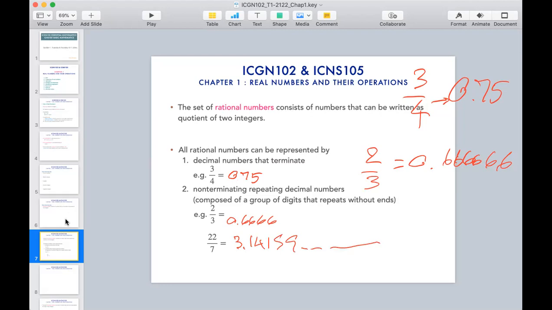So for values with this property, we call them non-terminating repeating decimal numbers. These two examples are examples of rational numbers: we can have both terminating decimals and non-terminating repeating decimals in the set of rational numbers.